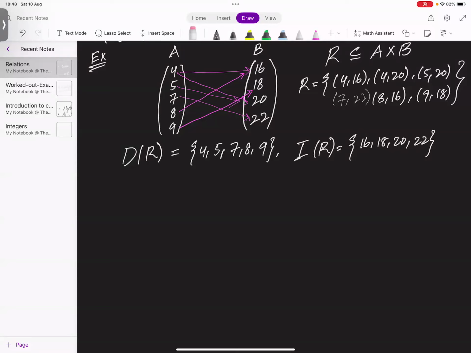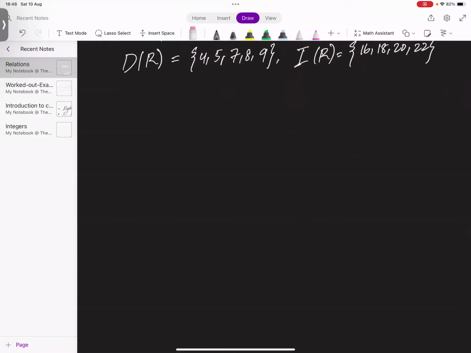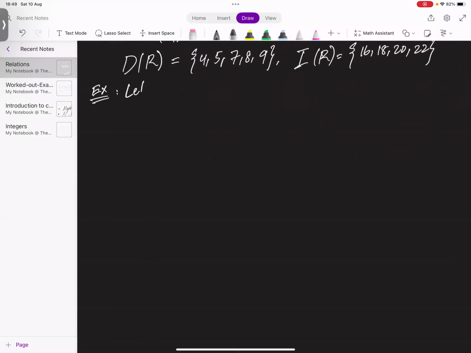Now, let's talk about another example. Let S be a set of ordered pairs such that they are real and they satisfy the equation of a circle, such that y is greater than 0.